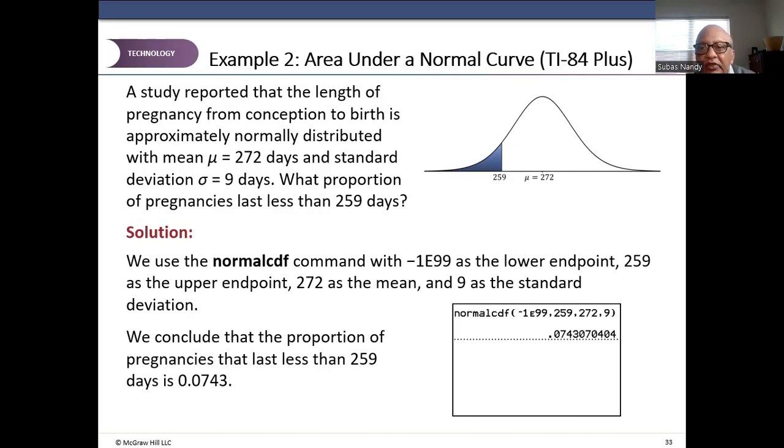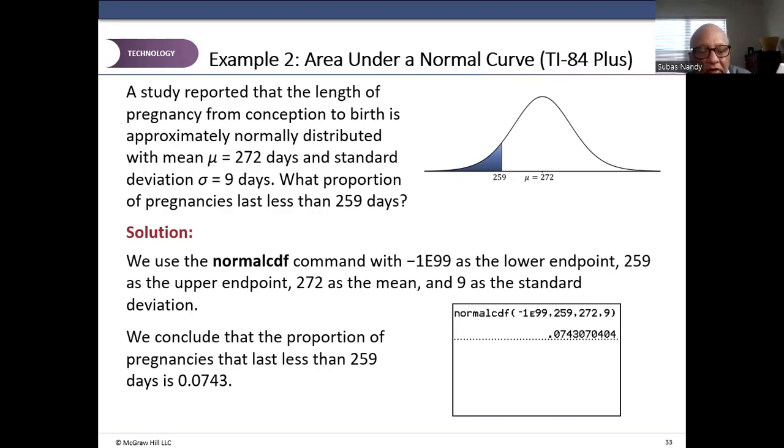So again, we do the same thing. Second button on the top left, then VARS on the third row, then scroll down to number 2, normalcdf, and hit enter. My lower is still minus 1 E 99. My upper is now 259, so I type in 259. My mean is no longer 0 because it's not a standard normal curve.